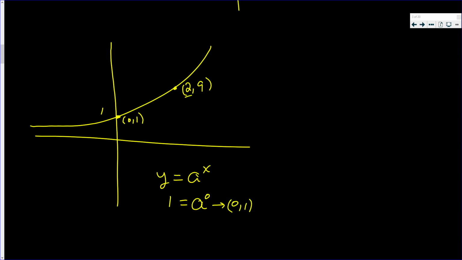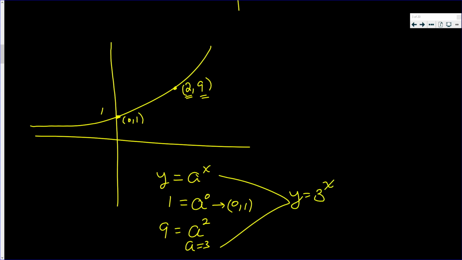But you want when x is 2 to get 9. So y is equal to a squared. So a is 3. So y is equal to 3 to the x. And 3 to the 0 is 1. That is, when x is 0, y is 1.